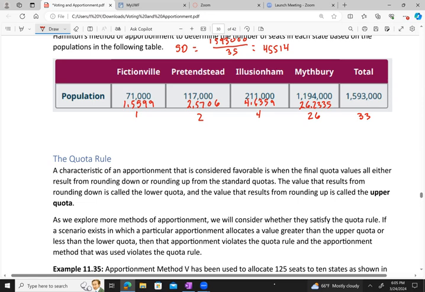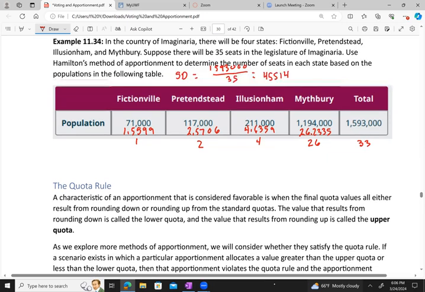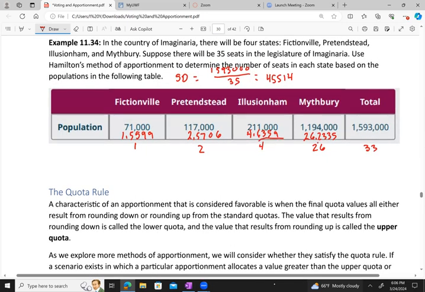So now we look at the decimal parts. And we find a state that has the largest decimal part. That would be this 0.6359. So to this state, we add 1 and make it 5.